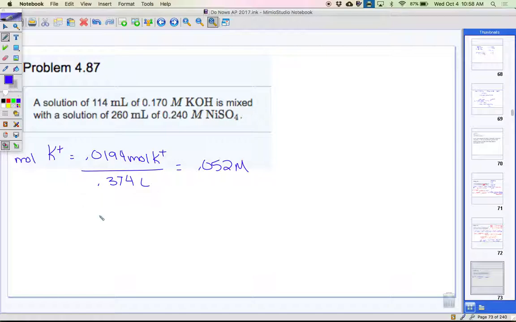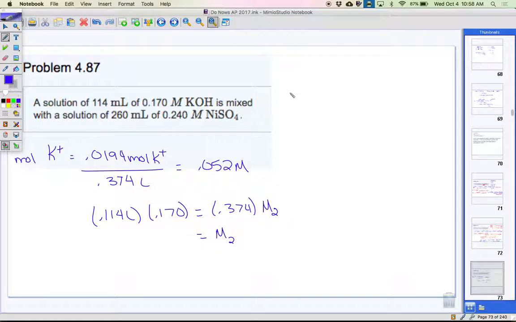Okay, so you should have 0.114 liters times 0.170 equals 0.374 times... Oh wait, that doesn't give you the same thing. No, I did it this way down here when we did SO4, the long way.